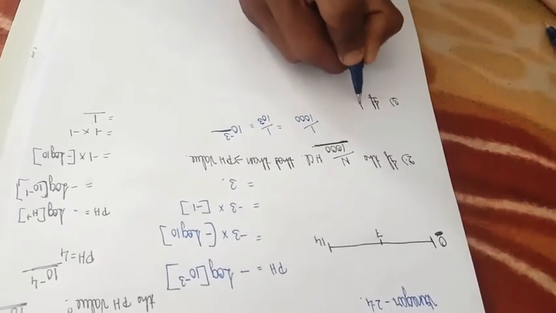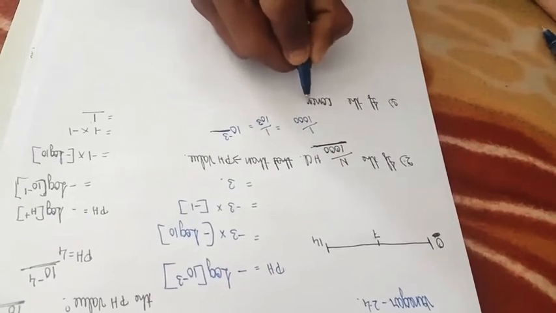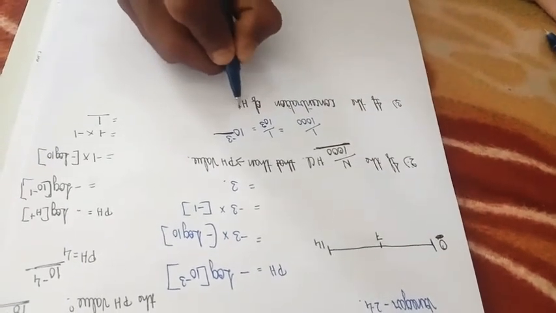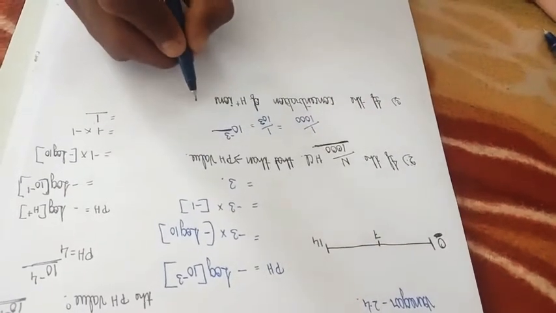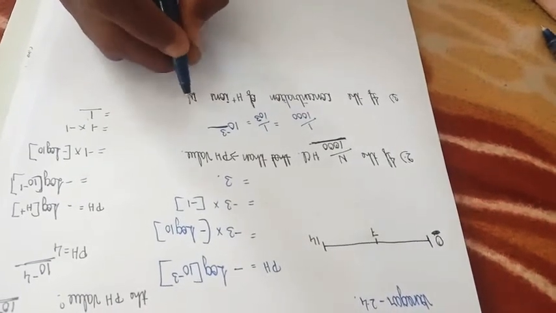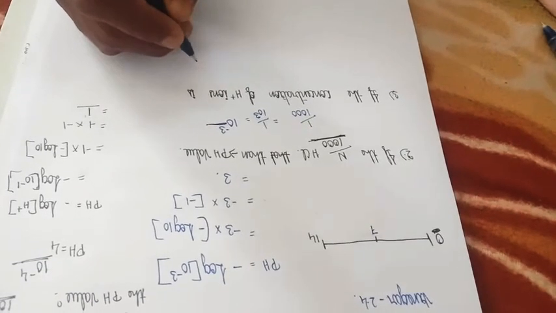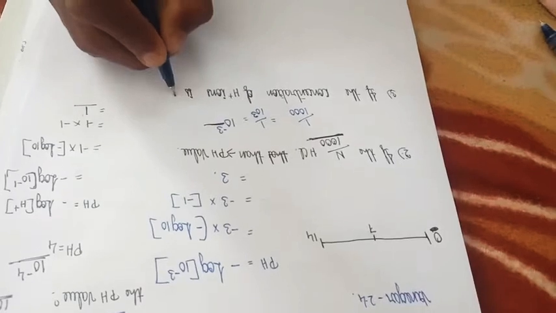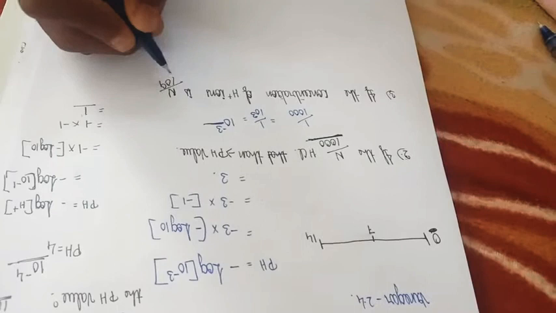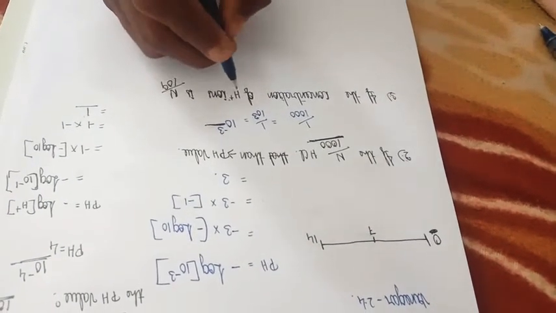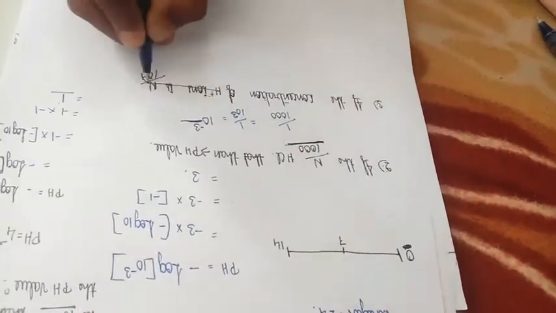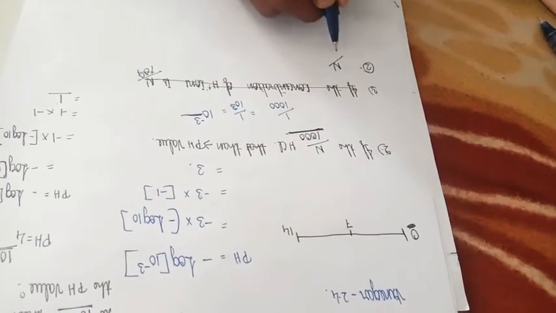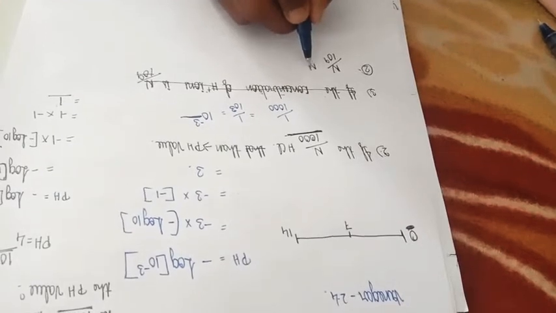If the concentration is N by 10 to the power 9, not of H plus ion, the unique question is the normal concentration is 10 to the power 9 of NaOH.